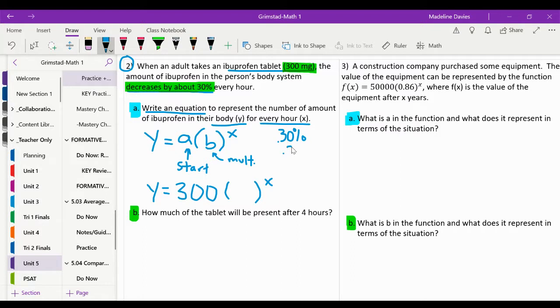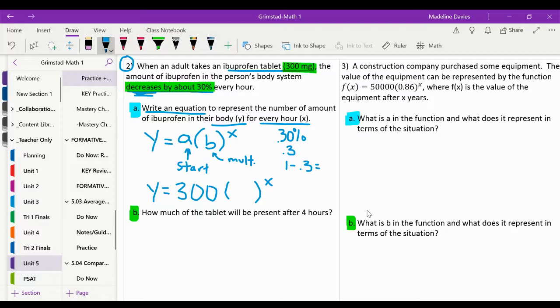So our decimal is 0.3. So now though, since we are decreasing, we have to do 1 minus 0.3. If it was increasing, we'd do 1 plus 0.3, but since we're going down, we do 1 minus 0.3.